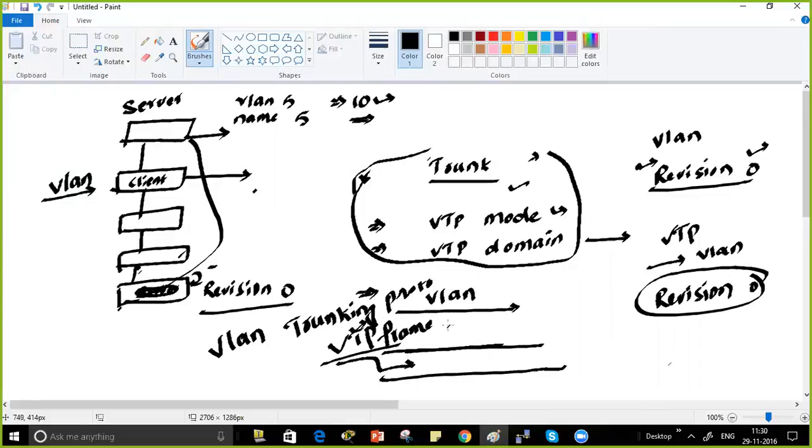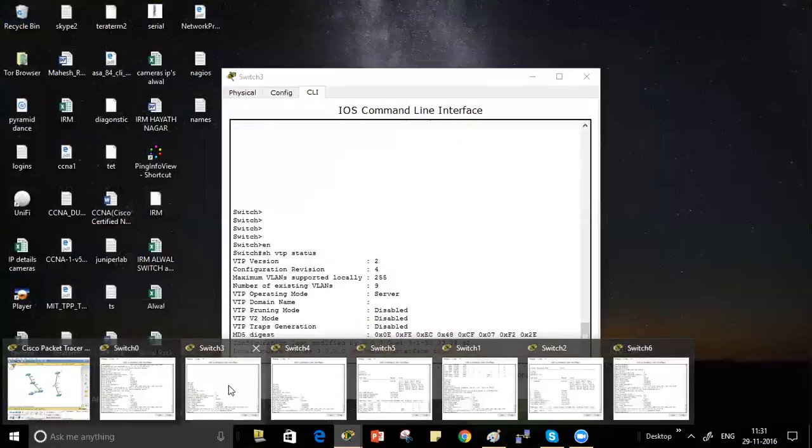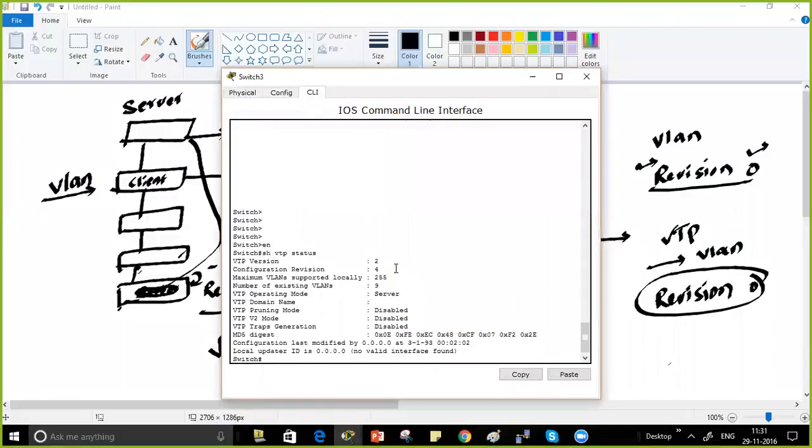So first we have to configure the trunk port, after that the mode and domain name, and then check the status. So VTP status: what is there in this VTP status? Revision number, total VLAN information, server or client mode information.